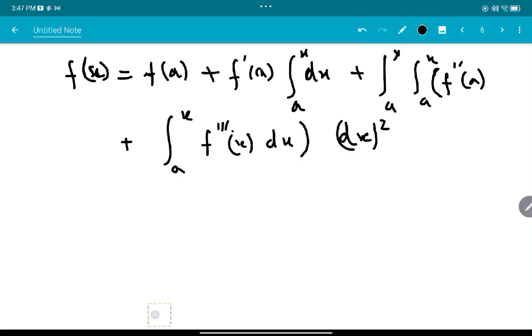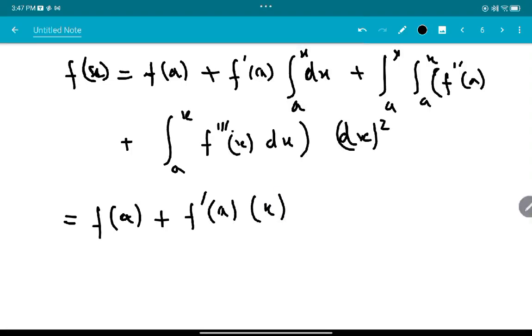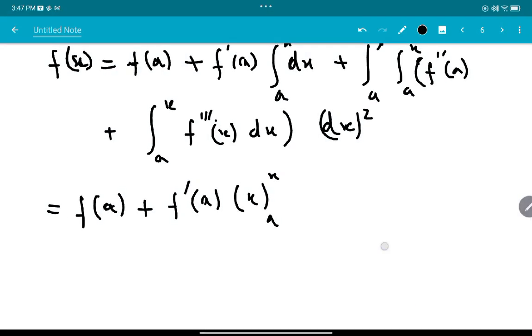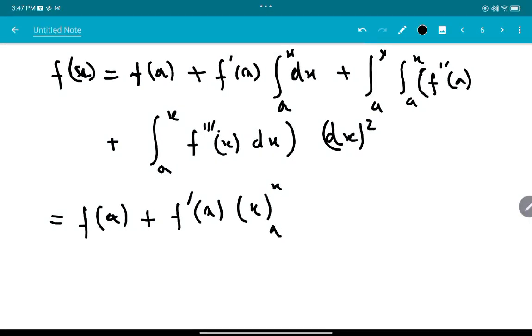Now I will simplify it a little bit. You get f(x) is equal to f(a) plus f'(a) times the integral of dx, that is x, with lower limit a and upper limit x.